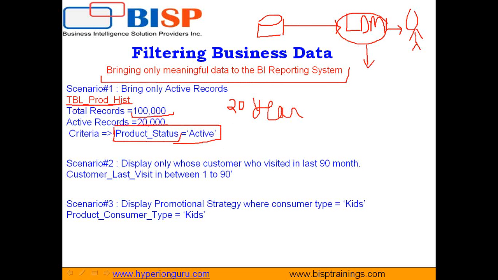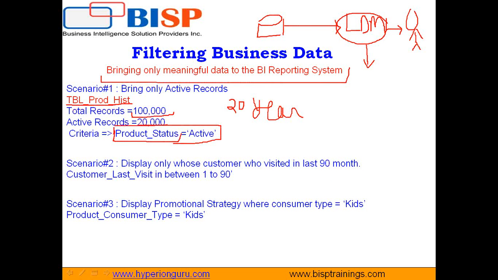There's another scenario, very common. I have a table called customer. Now customer again is a huge table, a huge dimension, which has got a lot of customer data. Business intelligence reporting is all about business users or analysts who would like to query this table and bring out certain meaningful patterns in analysis.